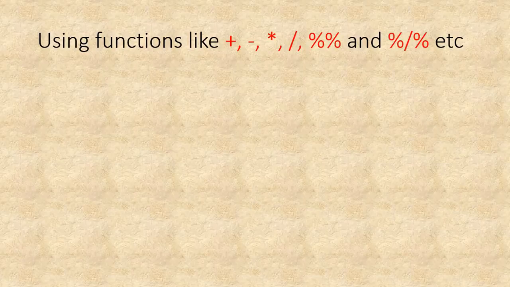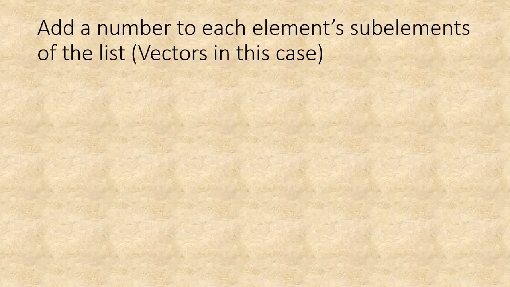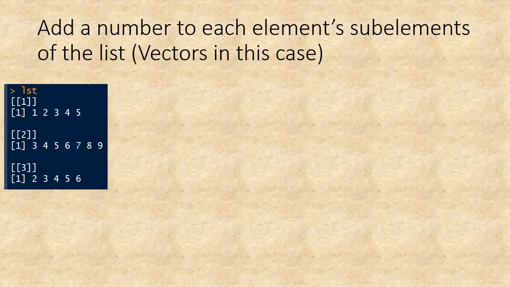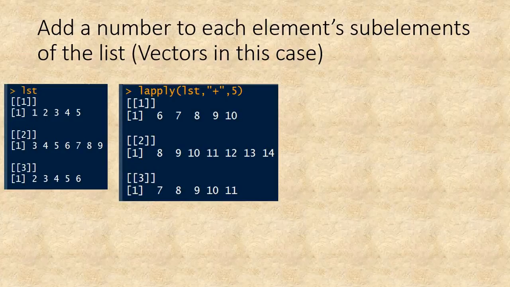Instead of the opening bracket, you can use other functions like plus, minus, multiplication sign, division sign, modulus, and this one, integer quotient, to find out the quotient of two numbers. These must be enclosed in inverted commas. For example, this is a list and you want to add 5 to each of the elements of each of the 3 vectors.